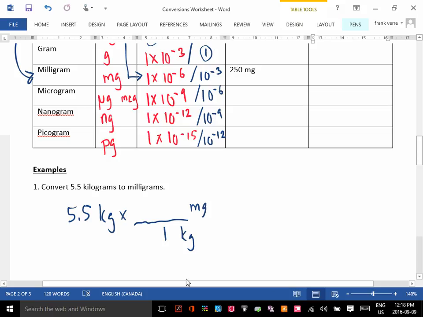So there are 1,000,000 milligrams, or 10 to the 6 milligrams in 1 kilogram. So what is that? So that should be 5.5 times 10 to the 6, or 5,500,000. Okay? I'm going to stop there.